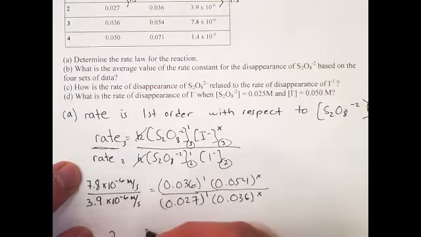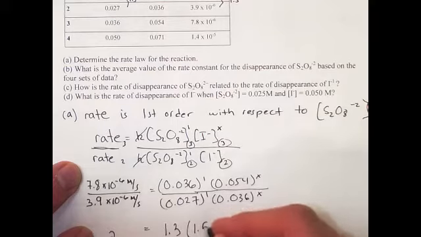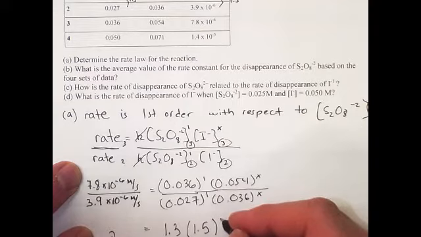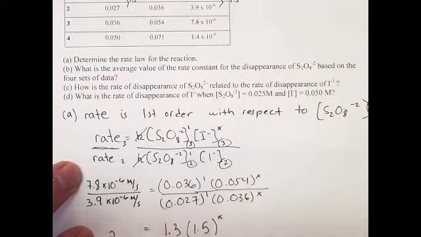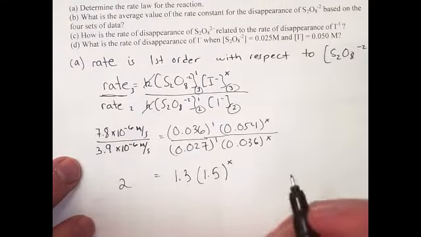So 2 equals 0.036 over 0.027, times 0.054 over 0.036. So we get 2 equals 1.33 times 1.5 to the x.